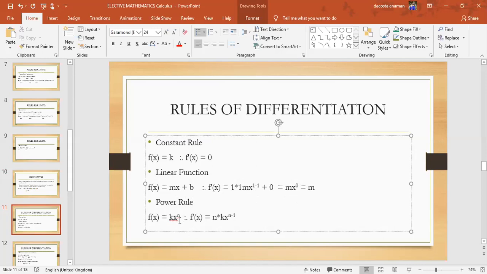You multiply this n by any number in front here, and in this instance it is 1. So you multiply the power n by the 1 in front, and that will be n by 1. After that, you subtract 1 from the power. That's n minus 1. It's the same thing that we did here. Is that okay?